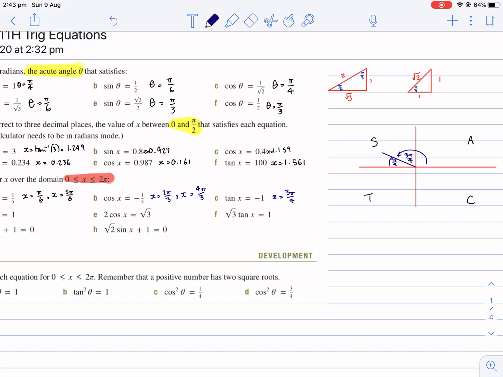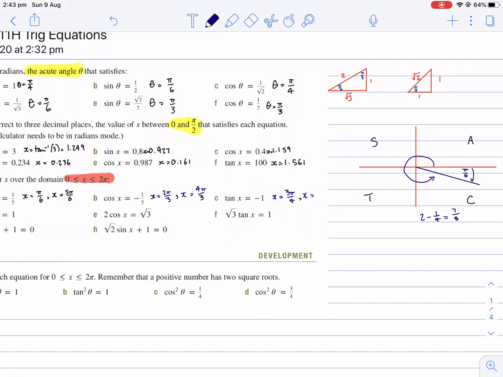The other value that would have given us a negative for tan is not down here because this would have given us positive. It's down here. So it would have been pi on 4 down from here. If we want to go all the way around, then that may as well be 2 minus a quarter, which is 7 quarters.